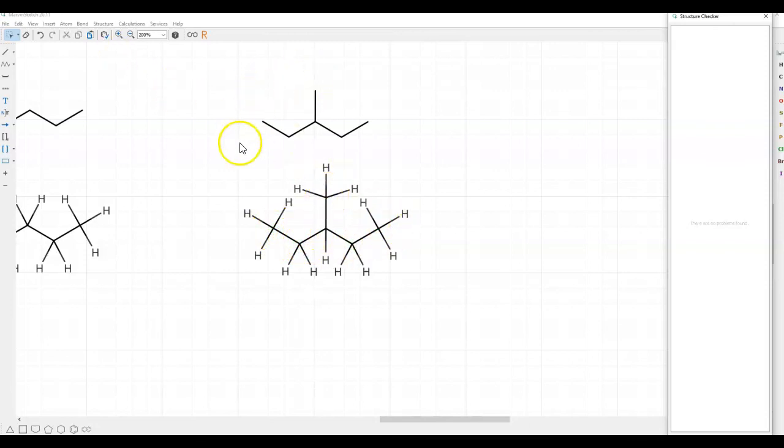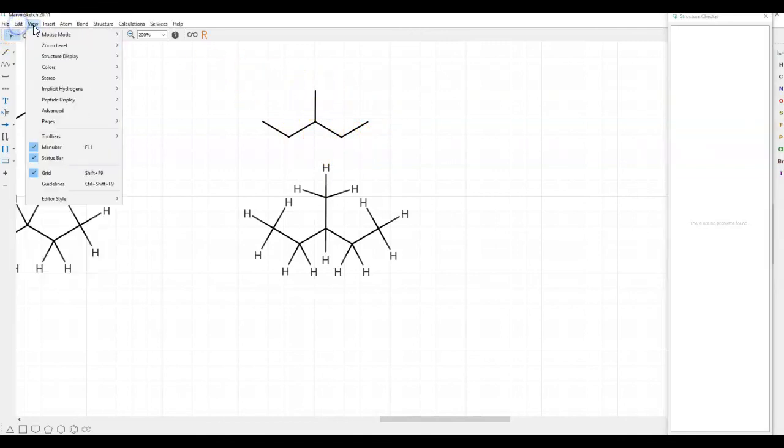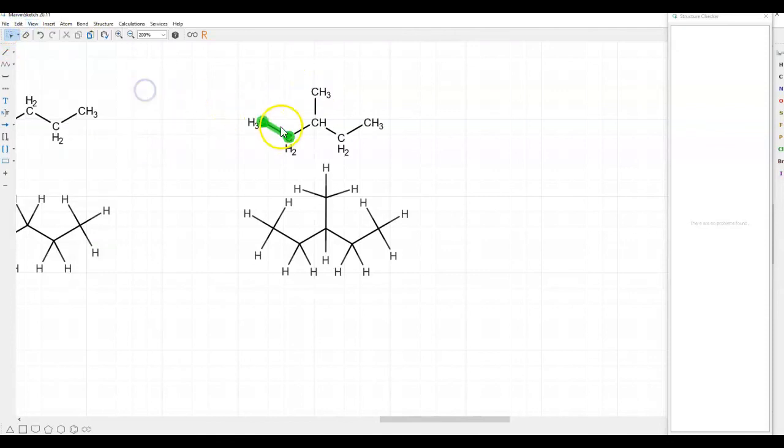And then this is what your line diagram looks like: 1, 2, 3, 4, 5, and then your methyl group coming off here. And if you wanted to, you could also do a condensed diagram: CH3, CH2, CH, CH2, CH3 with a CH3, which is an alkyl group, up there.